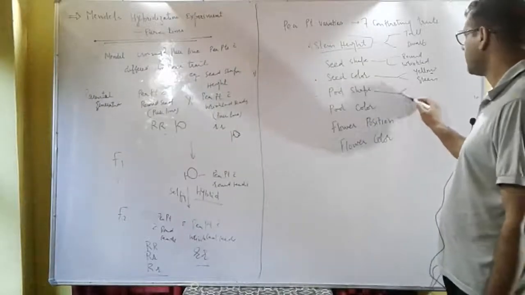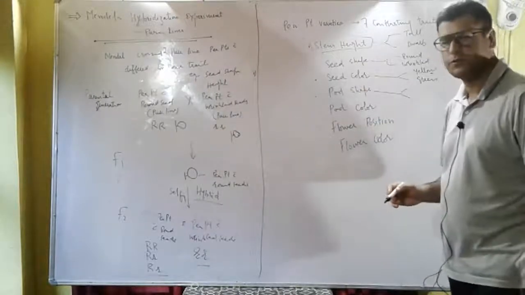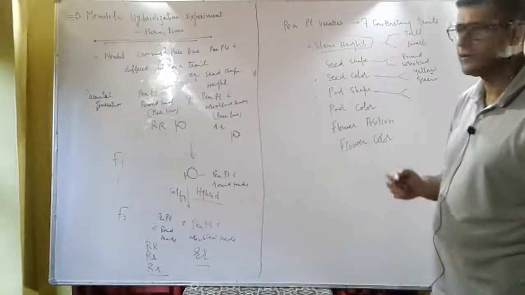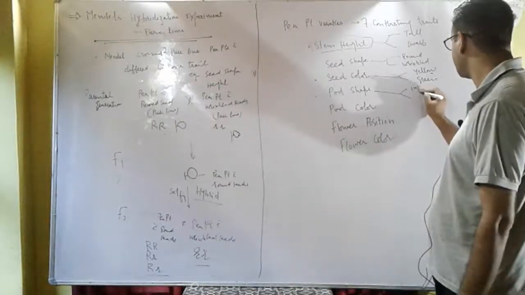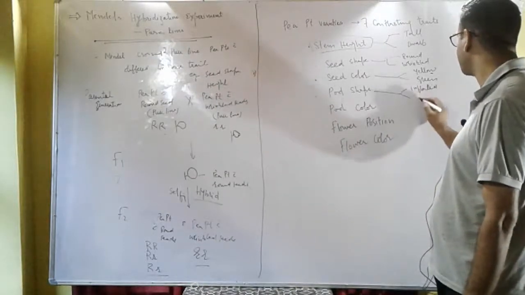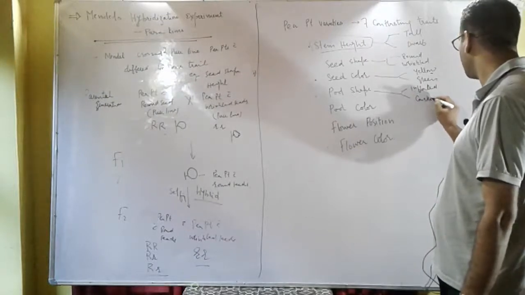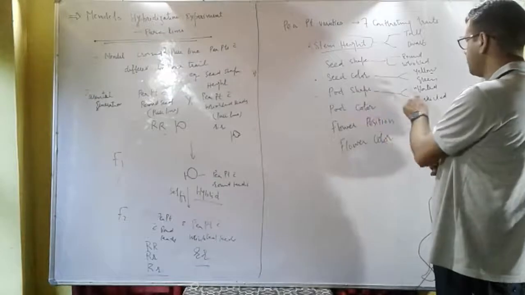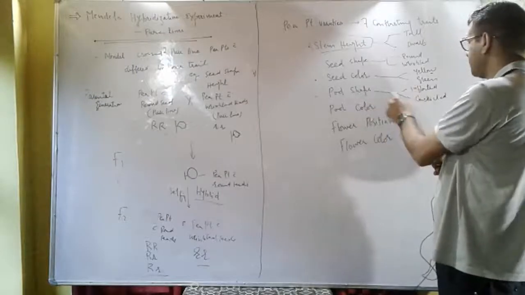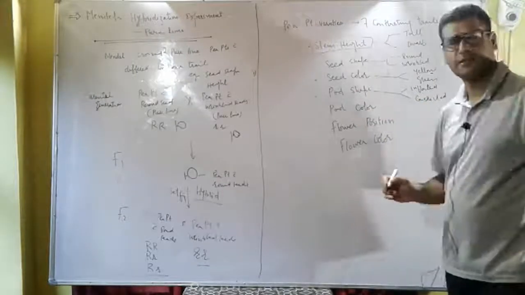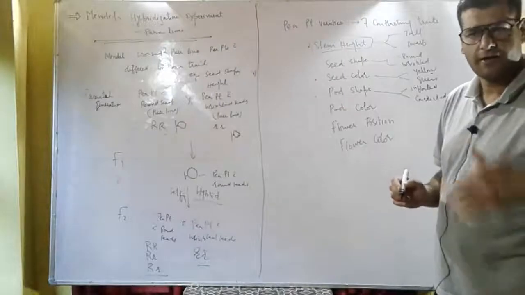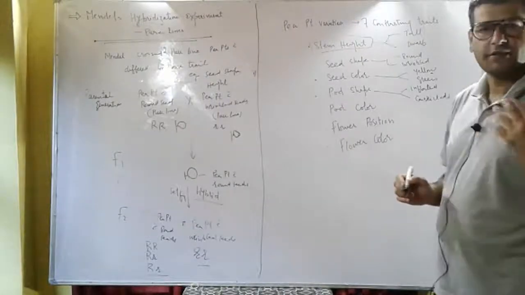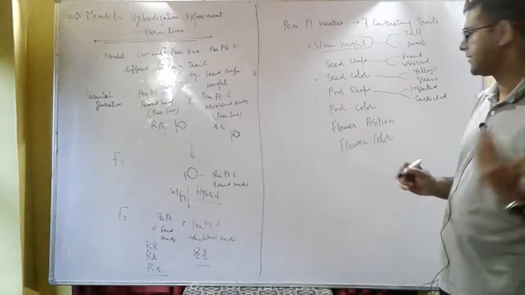Then for pod shape, some pea plants have inflated pods and some have constricted pods. He crossed them and evaluated the results in the F1 generation.